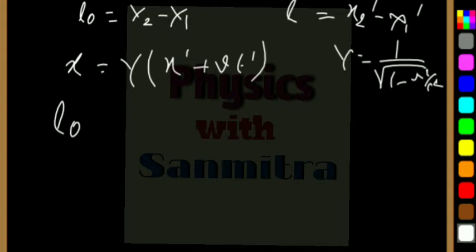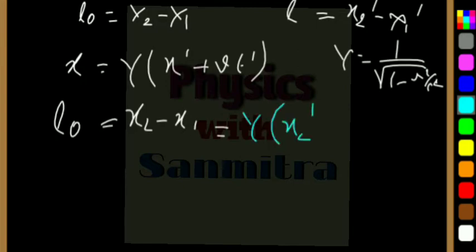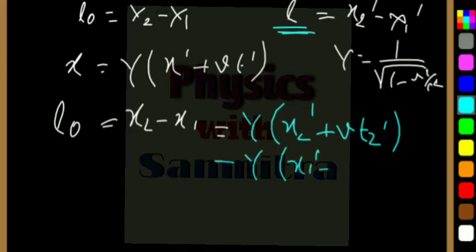Now L naught is equal to x2 minus x1. What is x2? I can write gamma into x2 dash plus v into t2 dash, since this is a moving frame. This time won't be the same. Minus x1 dash plus v into t1 dash.